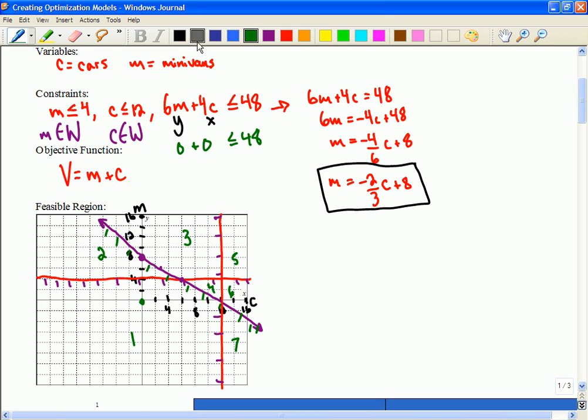And we have to be very specific about it. Remember, we said whole numbers. So if it's only whole numbers, we could only be in this area here. Maybe I'll use a different color. How about blue? It could only be the dots. So it could only be these ones for my possible answers.